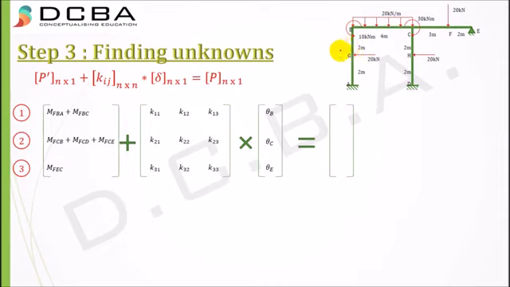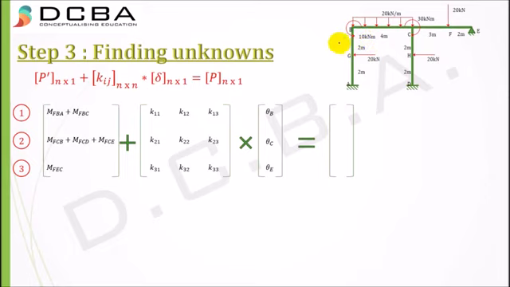Yes, there is an external force or moment. If you can see at the joint B, there is this 10 kilonewton meter moment applied on the joint, right? So this last matrix P n cross 1 is basically those forces or moments which are applied on the joint, not anywhere else, but exactly on the joint. So on the joint B, there is this moment of 10 kilonewton meter.